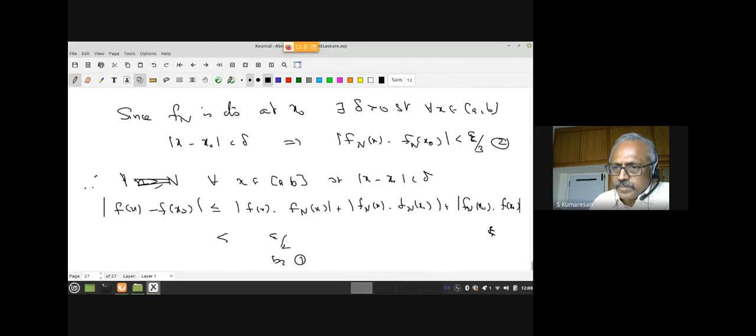This also is less than epsilon by 3 by the first, and this is less than epsilon by 3 by 2. Therefore, this is less than epsilon. That's it. Proof is over.